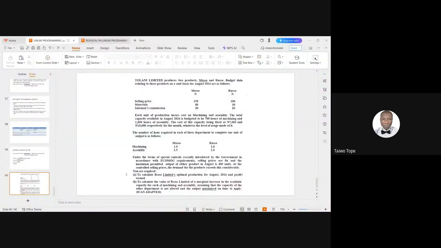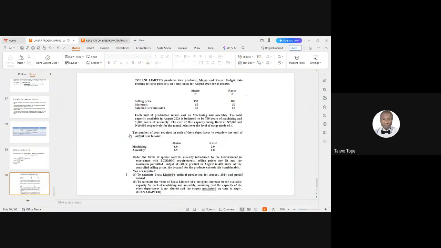The total capacity available in August, in terms of hours, is 700 hours of machining and 1,000 hours for assembling.